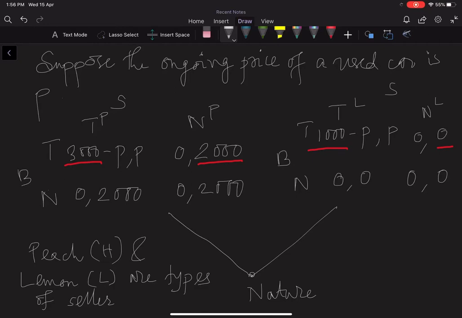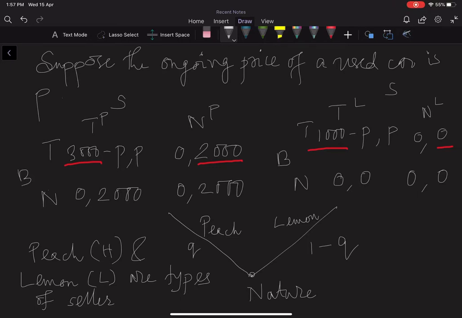So the nature chooses the car of quality peach with probability q and quality lemon with probability 1 minus q. Okay, so this is the overall structure of the game.